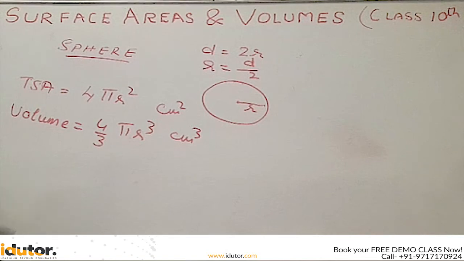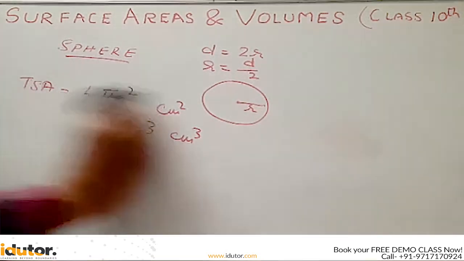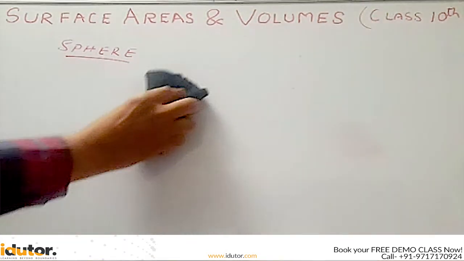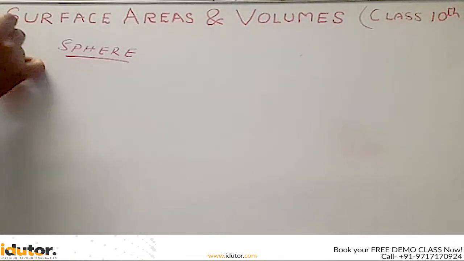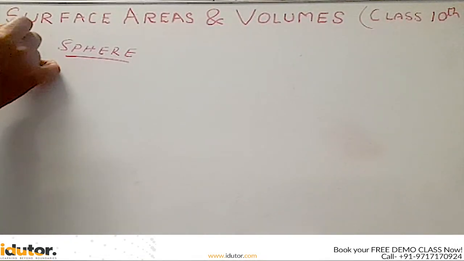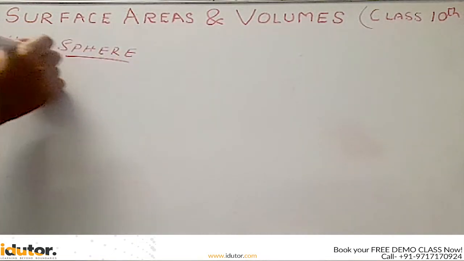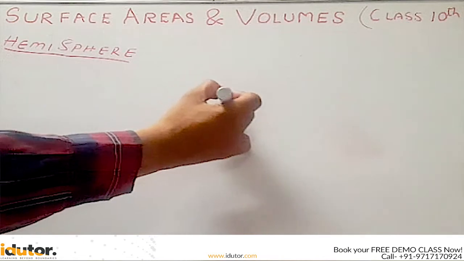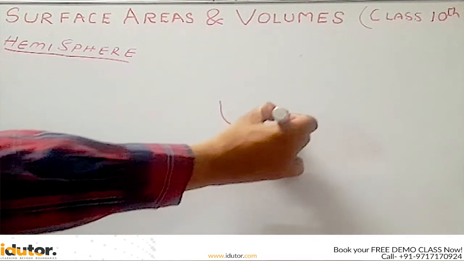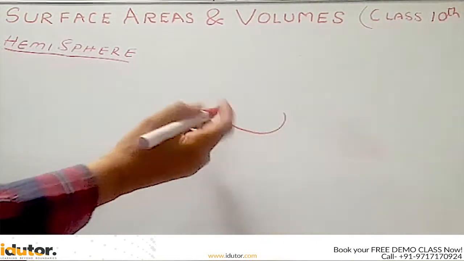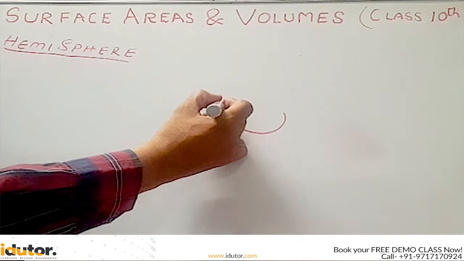Okay, students. So let us move to the next topic now. Next topic is hemisphere. H-E-M-I. Hemisphere. So hemisphere means it is a kind of a saucepan type, a kind of a katori, you can say.